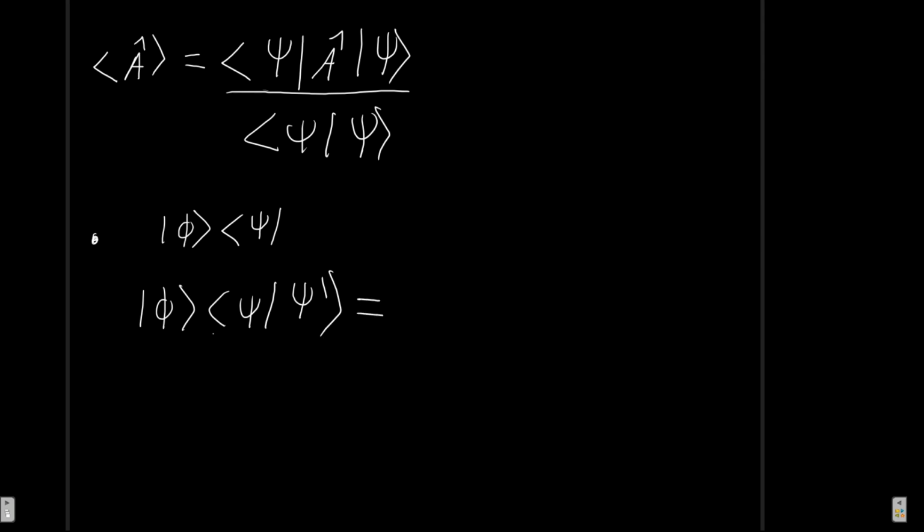Now, this right here is just, what is it? This is just a complex number. This is an inner product. So we can actually write it in front, and that's very important to notice. You have to notice that if we have a bra and a ket right next to each other with nothing in between, that's just an inner product. This is a number. So we can just put it down in front because this is a constant.